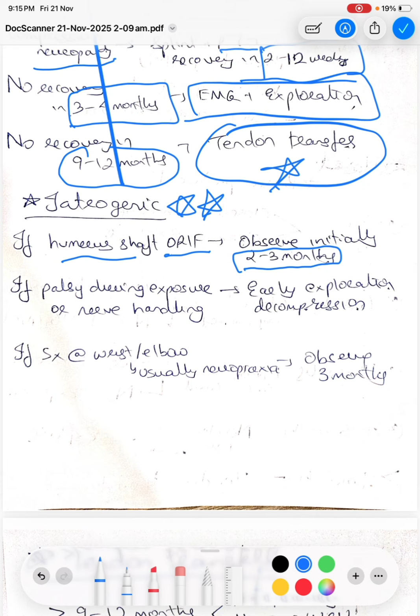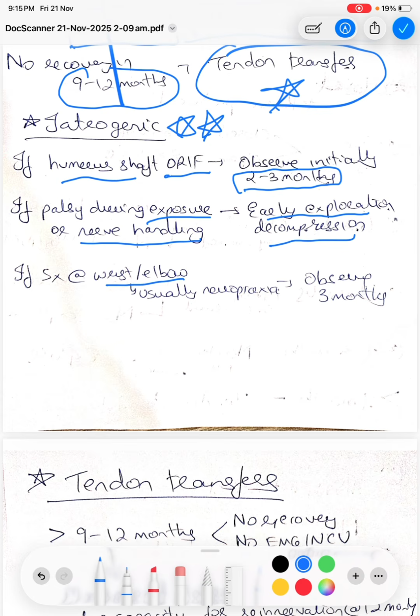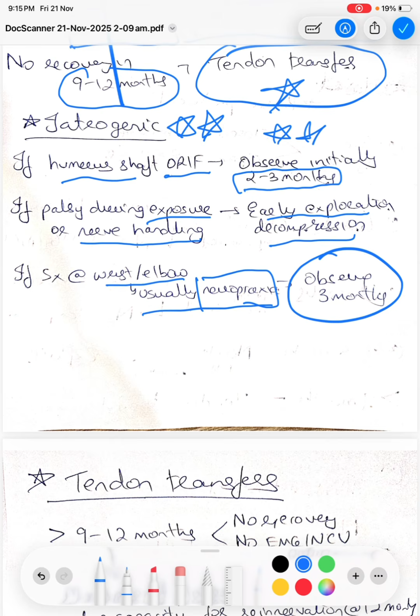However, if the palsy has occurred during the exposure or nerve handling, if you have handled the radial nerve and postoperatively you find a radial nerve palsy, it is always advisable to go for early exploration and decompression. And however, if the surgery is at the wrist and elbow, it is usually a neuropraxia. So you usually observe for 3 months. So this is the basic protocol. Depends on surgeon to surgeon, but this is the basic protocol that should be followed.